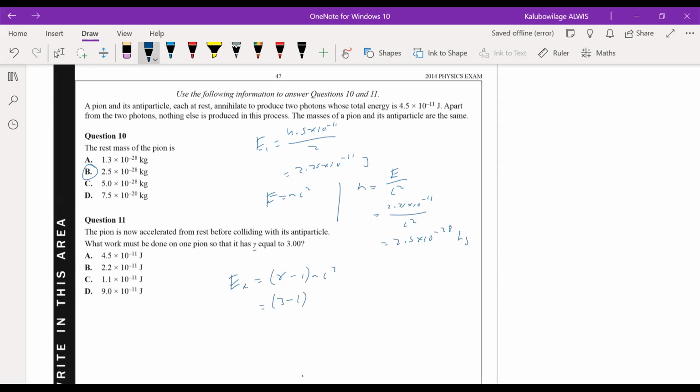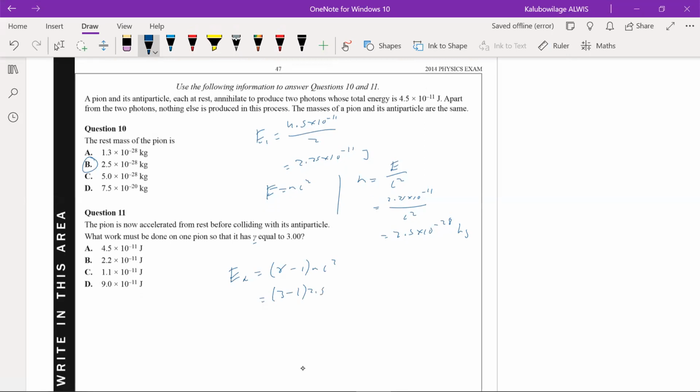We found the mass before, 2.5 times 10 to the power minus 28, and c squared. This equals 4.5 times 10 to the minus 11 joules. Yeah, that's all.